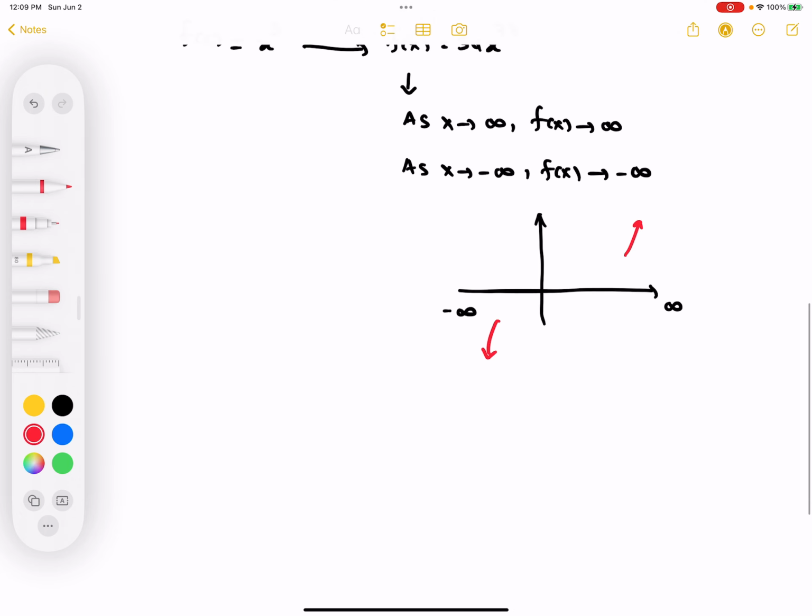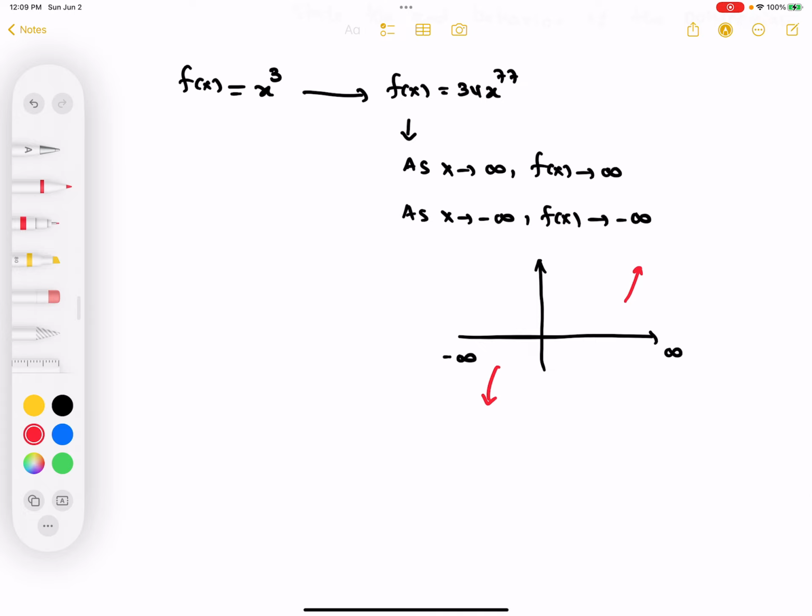And let's see another example. Given f of x equals minus 35 x to the 17 plus x to the 6 minus 10 x squared minus 2.